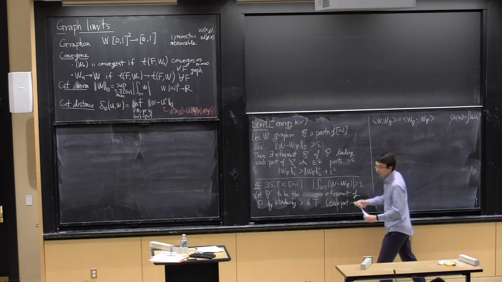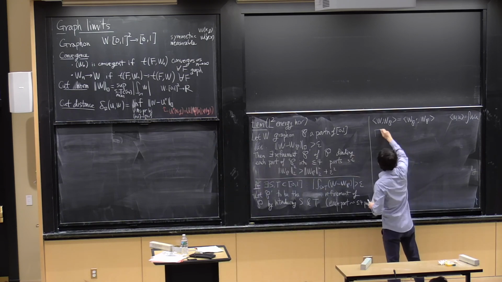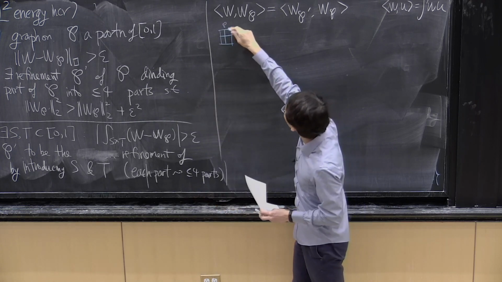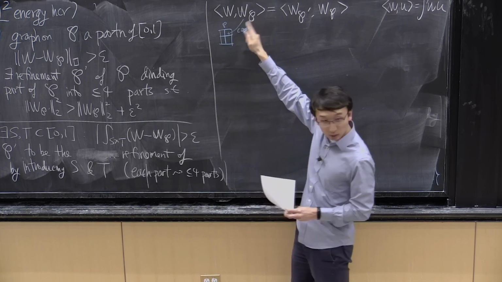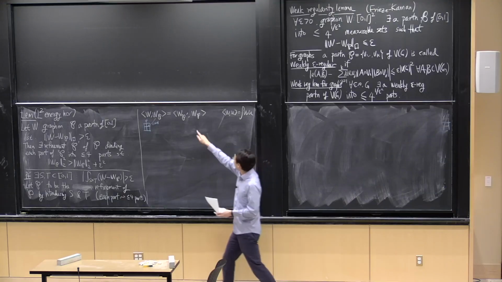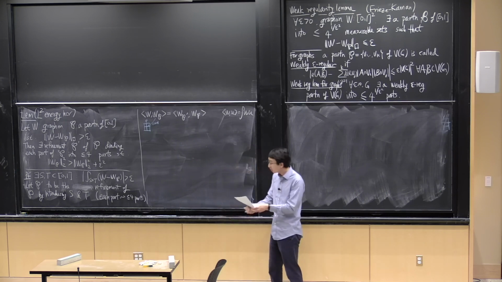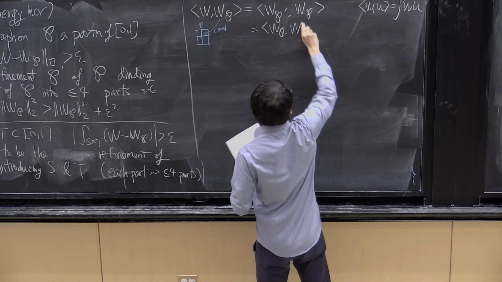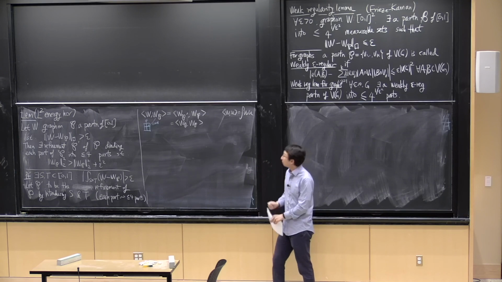Because what happens here is that W_P prime is constant on each part. So when I do this inner product, I can replace W by its average. And likewise, over here, I can also replace it by its average. And you end up having the same average, and these two averages are both just what happens if you do stepping by P.